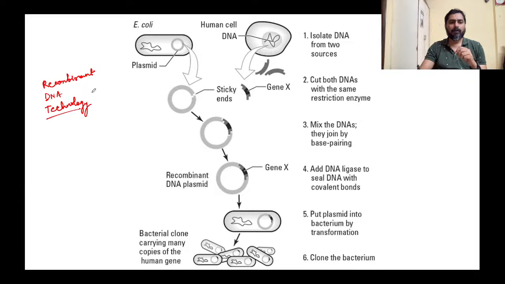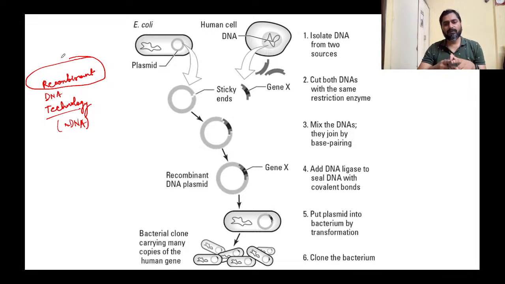What does this term mean here? This term recombinant means combining of genes from different sources. In this particular slide, we'll try to utilize all those tools and see how we go for gene editing.